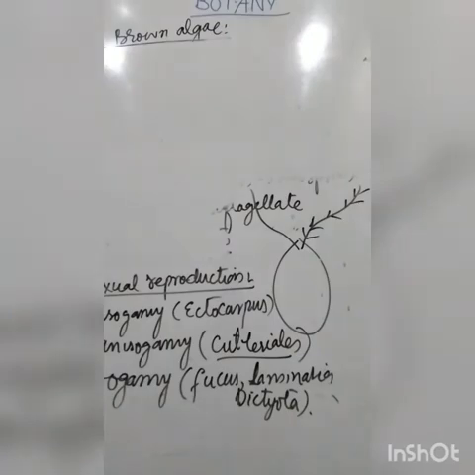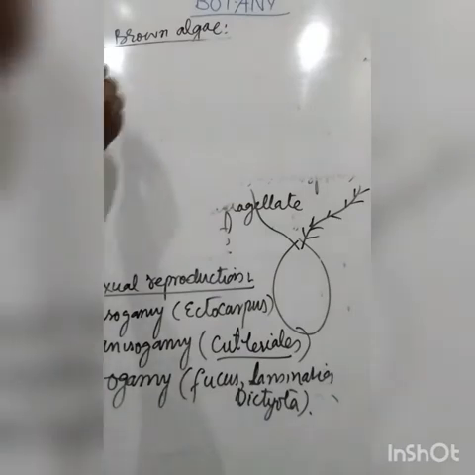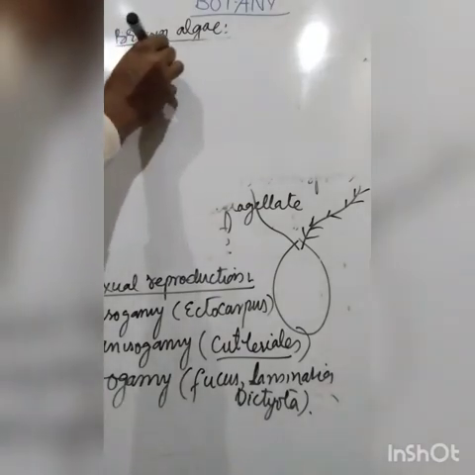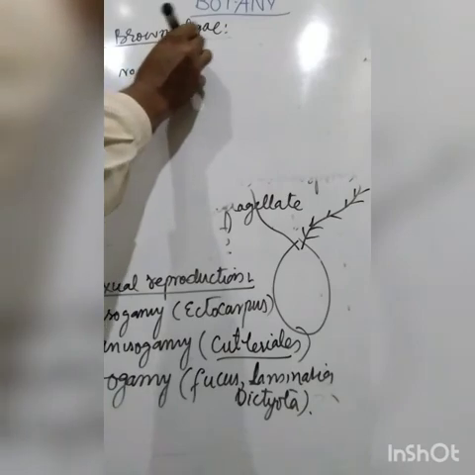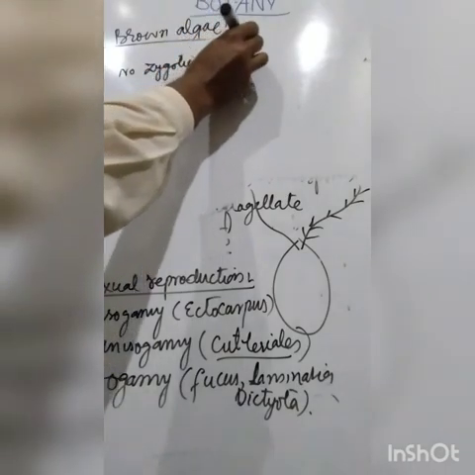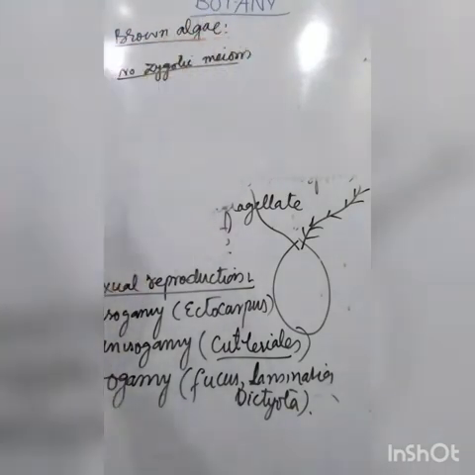And there is no zygotic meiosis in brown algae. Zygotic meiosis does not occur when the zygote is formed.